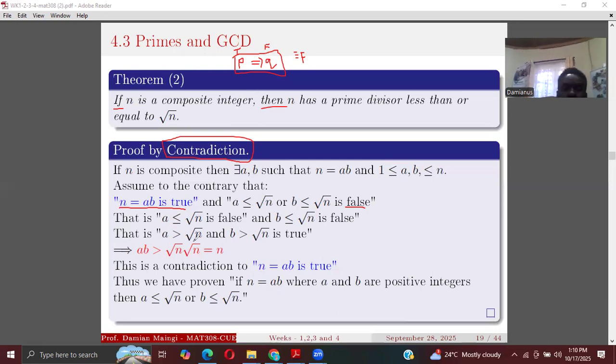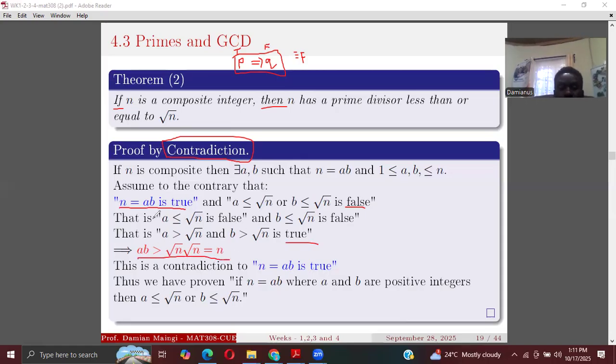So the conclusion, this says that this part must be true. That means, this false means a is not less than the square root of n. So that's the same as saying a is greater than the square root of n. And b is not less than the square root of n, means that b must be greater than the square root of n. These are true. So that means if you take the product of these two, you're talking about a times b is greater than n.